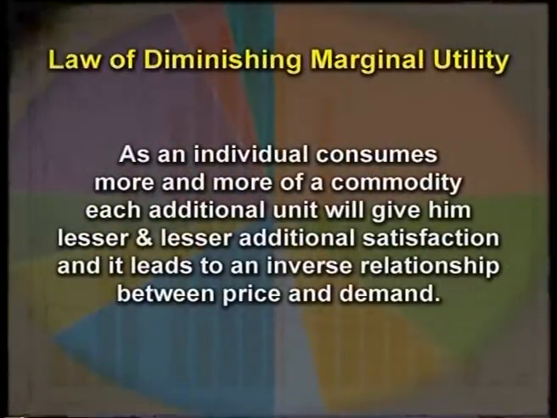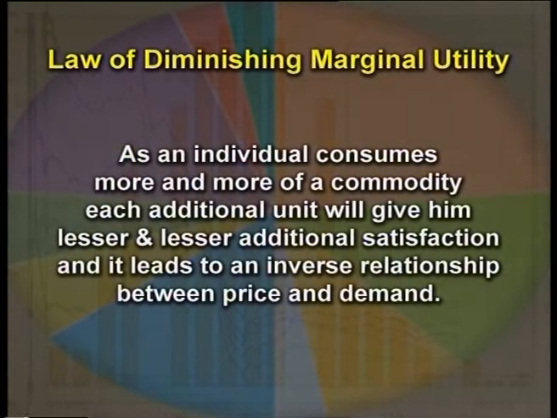The law explains that as an individual consumes more and more of a commodity, each additional unit will give him lesser and lesser additional satisfaction. And this fact helps us to understand why there is an inverse relationship between price and demand. So let us try to understand this law.